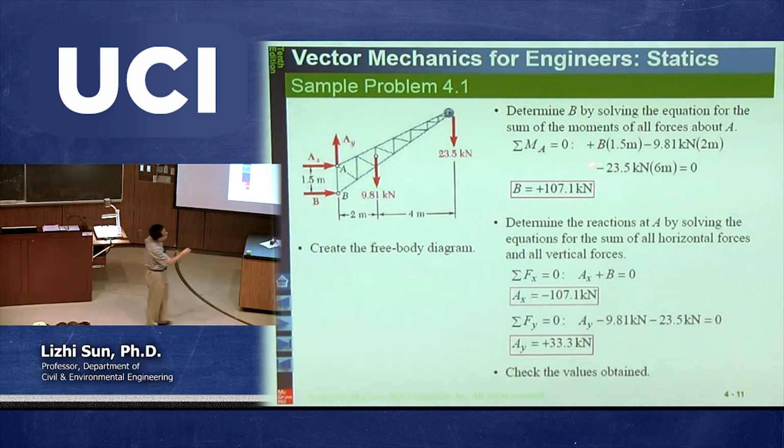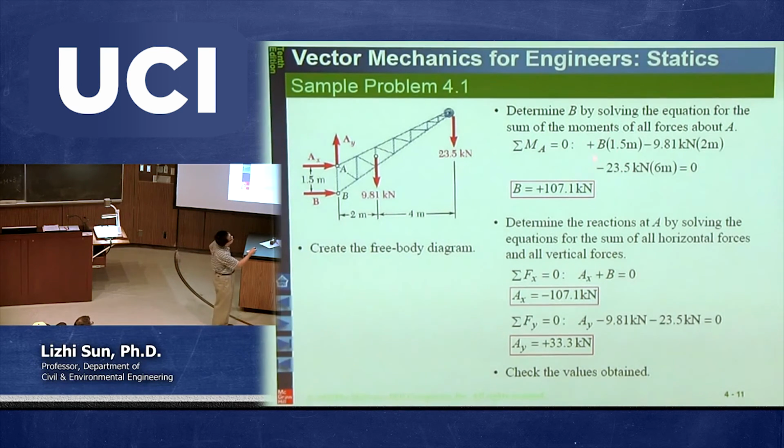Now we have considered all the contributions from those forces in terms of moment, and then we add them together and set the sum to 0. So now we have equation number 1, equation number 2, equation number 3. You combine those three equations, and you can solve for these three unknowns, AX, AY, B. Many times, you need to look at each equation separately to see if it's going to be a simple equation.